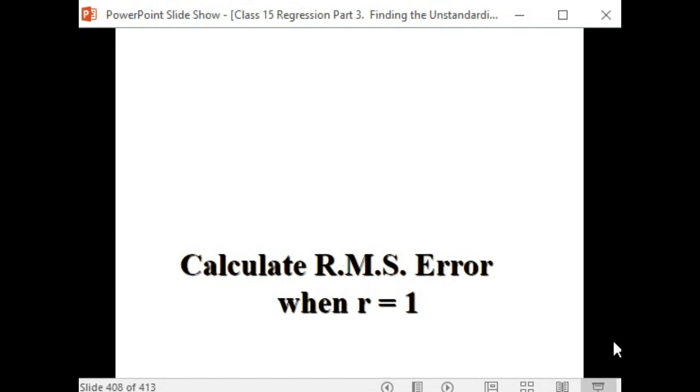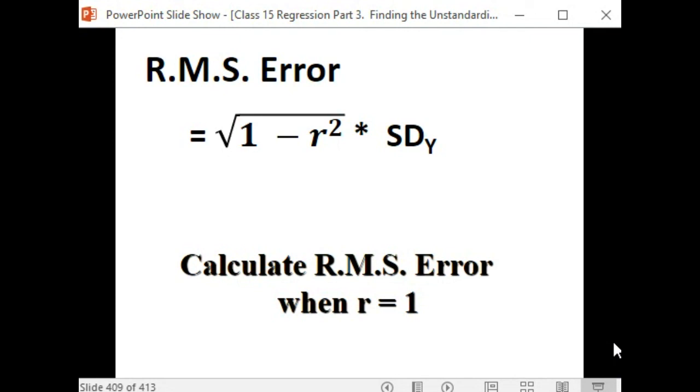Okay, in case it will help you, here's the formula for the root mean squared error. So r equals 1. If r equals 1, calculate the root mean squared error.